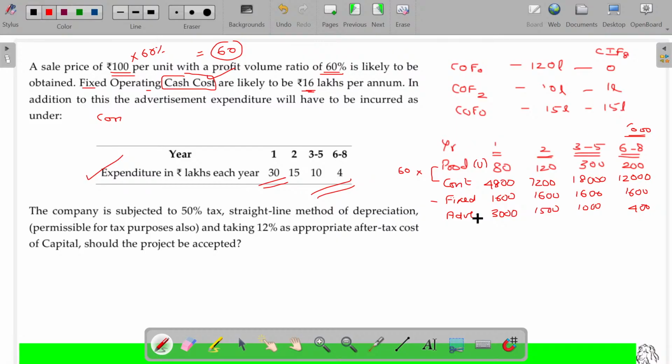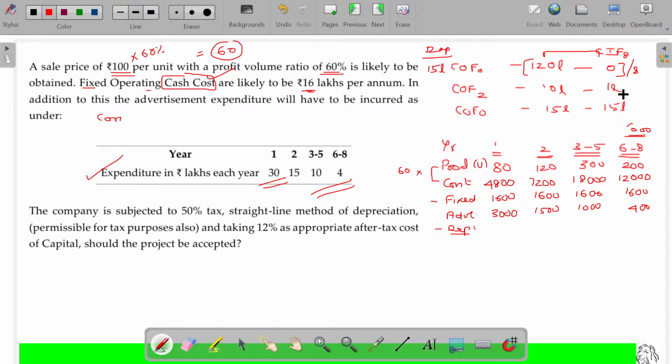Also remember, you have to subtract the depreciation for the first asset. It has a life of 8 years. 120 minus 0 divided by 8 under the straight line method, depreciation being 15 lakhs.